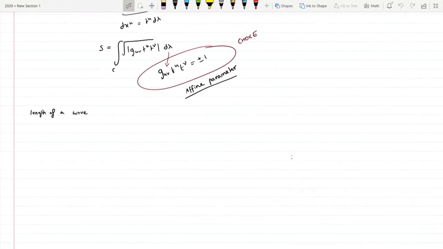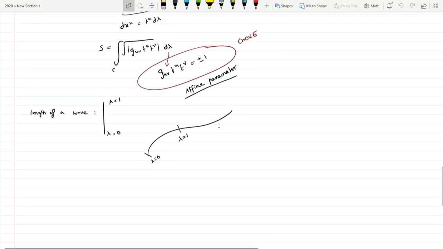So for the length of the curve, we're going to give you the tangent vector, parameterized between 2 points, which is to say that if I have my curve on my manifold, this point is lambda equal to 0, and this point is lambda equal to 1. And my tangent vector is as follows.